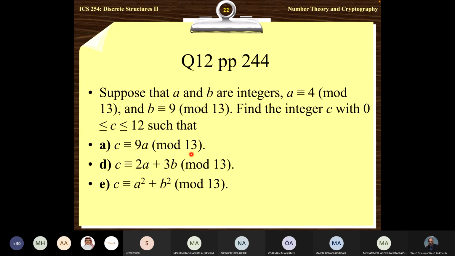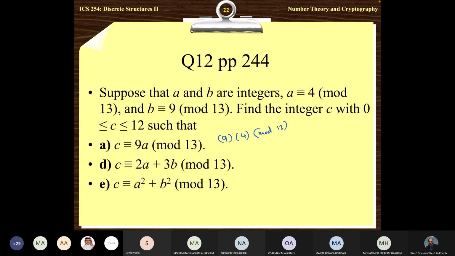What is 9A? It's a multiplication. So it is 9 times 4 mod 13. Right? Yes. 9 multiplied by 4 mod 13.